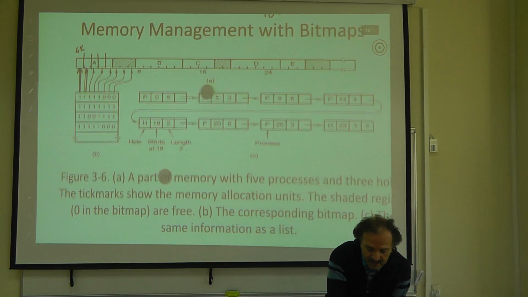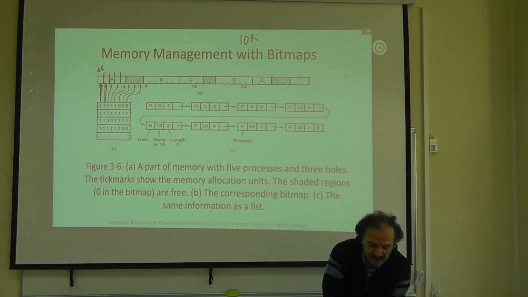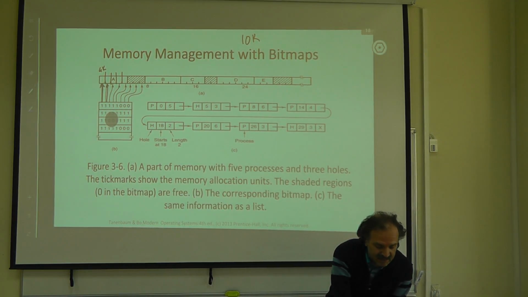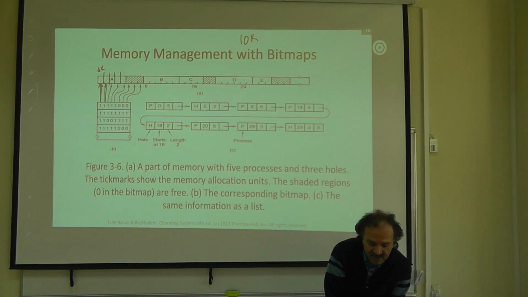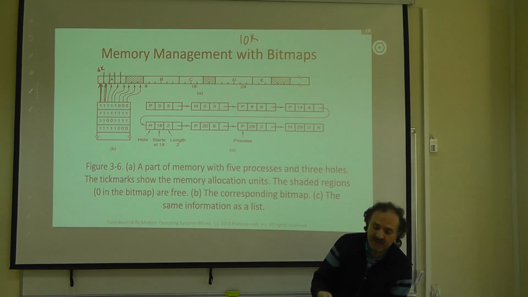So this is how memory management with bitmaps works. And since these are indicated only by single bits, it is very efficient, because for each 4 kilobytes, we use either a 1 or 0. In terms of efficiency, memory efficiency is no problem.